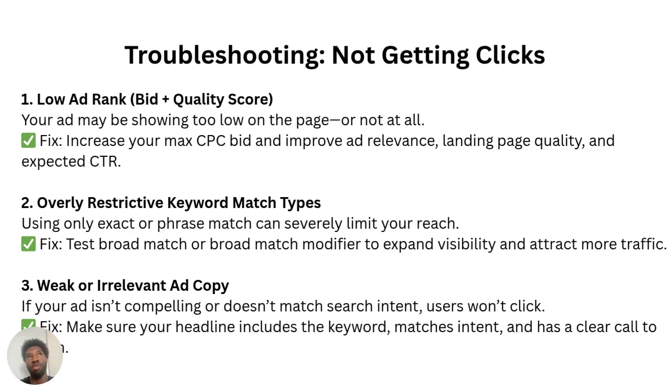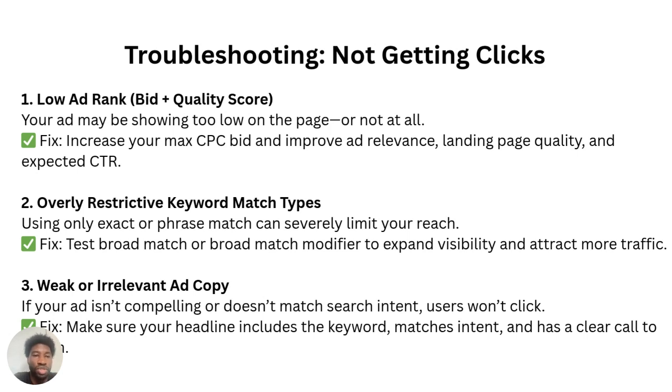And on top of that, Google's not incentivized to push bad ads and bad copywriting and bad landing pages on the top of the page, because it's going to screw people over and they're going to stop relying on Google search, right? It just leads to a poor user experience. That's why they might be punishing you and pushing you down the page, just because they don't want to mess up their own traffic. Okay.